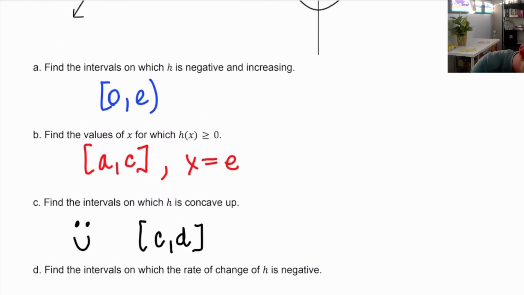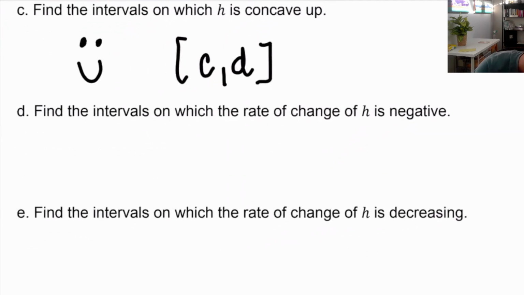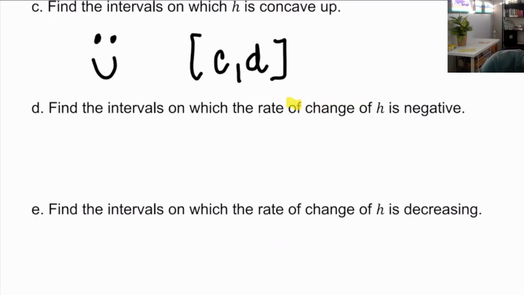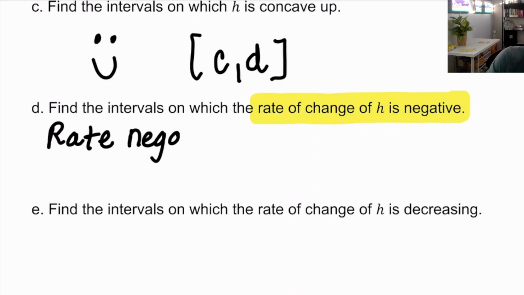Then we can find the intervals on which the rate of change of h is negative. That's going to need a translation. All right, the rate of change of the function is negative, which means the function is decreasing.